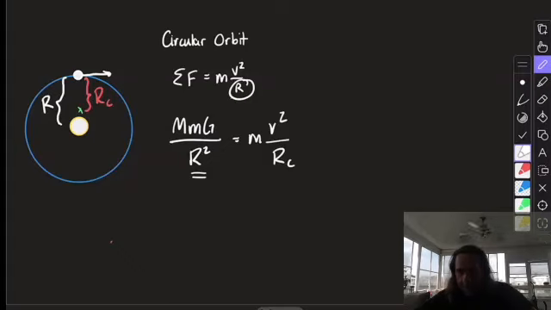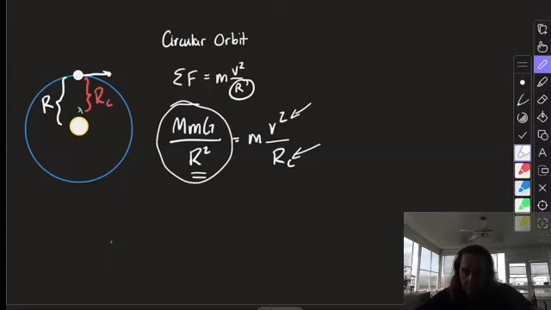Now, if we think what that means in the big picture, the force of gravity isn't any different, but the radius of curvature is smaller because it lies in between. So your object actually has to go slower. Look at that. If you look at this fraction, sorry, you lost me for a minute. My headset died.